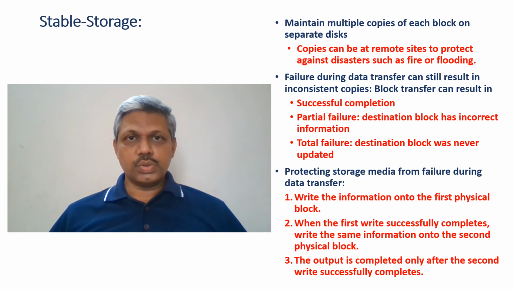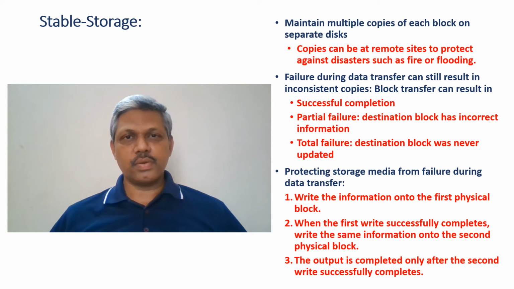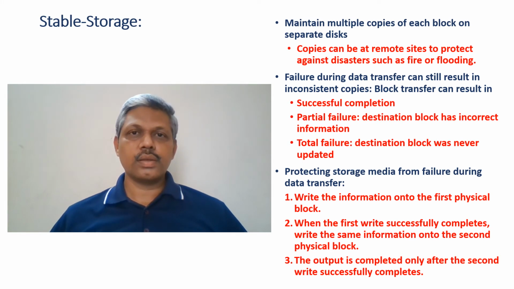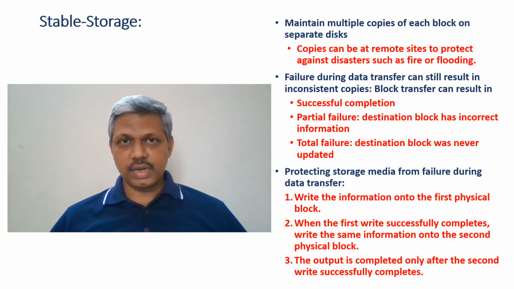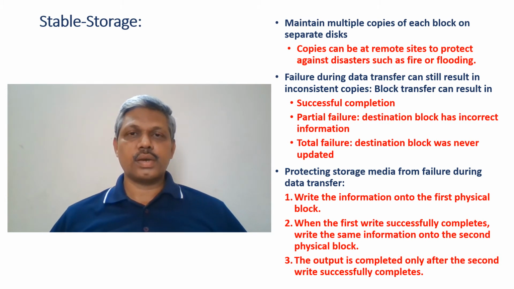The other issue is that data is being transferred from the main memory to the stable storage in the form of blocks, where the size of the block can vary from database to database and mechanism to mechanism. But we can define a chunk of the data as a block, and we can assume that no particular data is redundant on two blocks, and no data is spread across two blocks. So we can delimit every block.